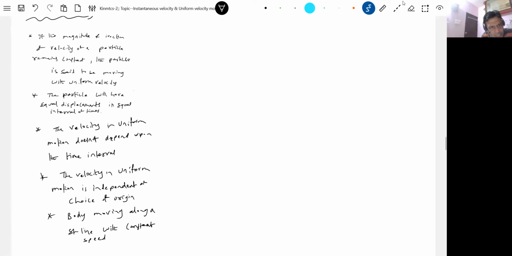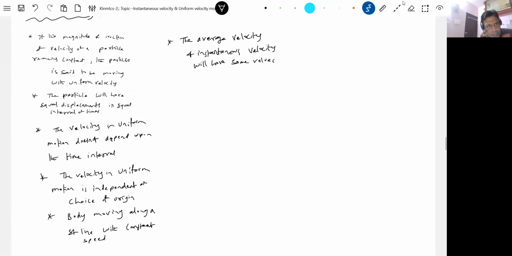Now what about the average and instantaneous values? Both will have the same thing. The average velocity and instant velocity will have the same values in uniform velocity motion.